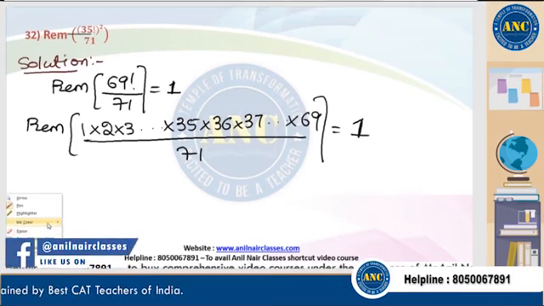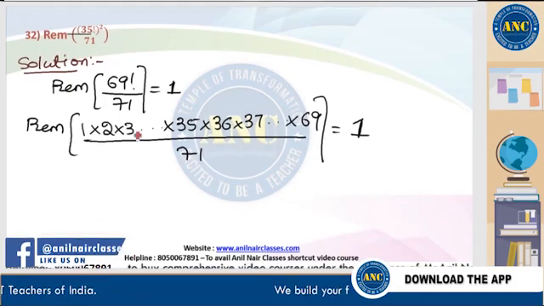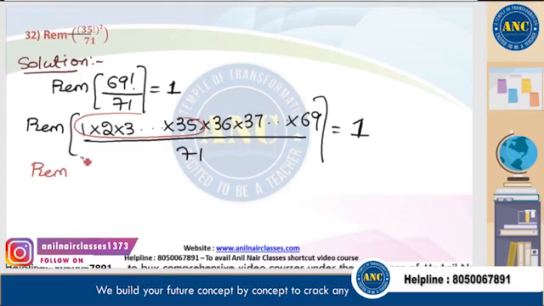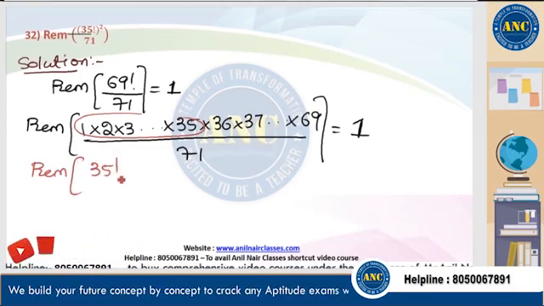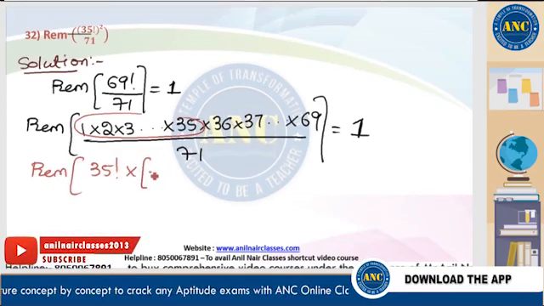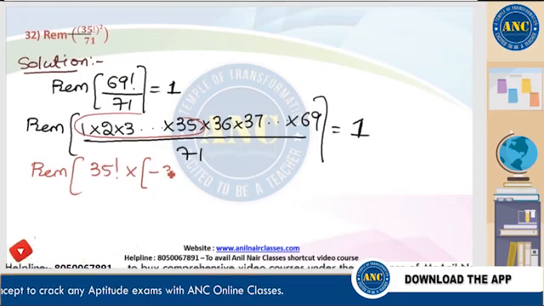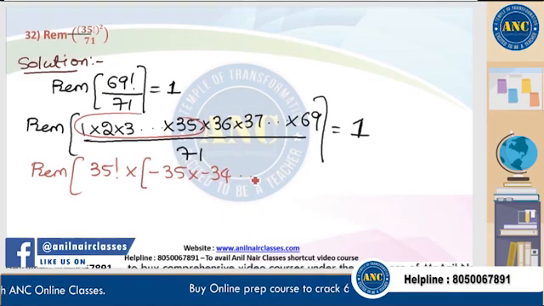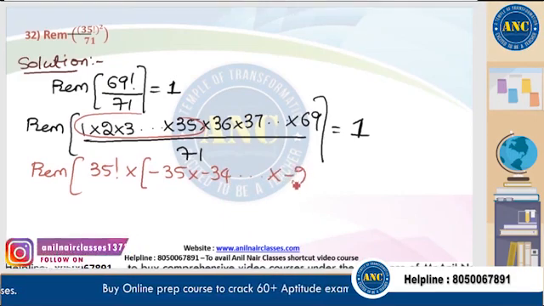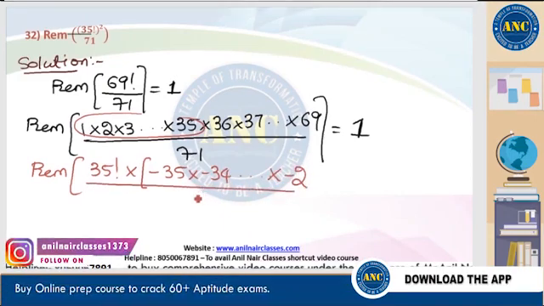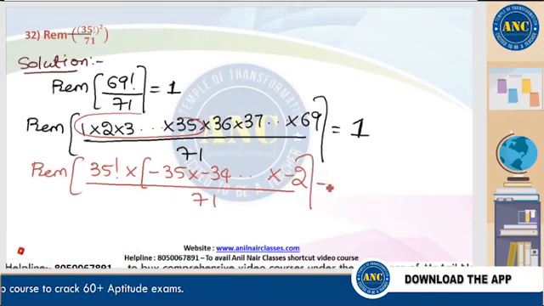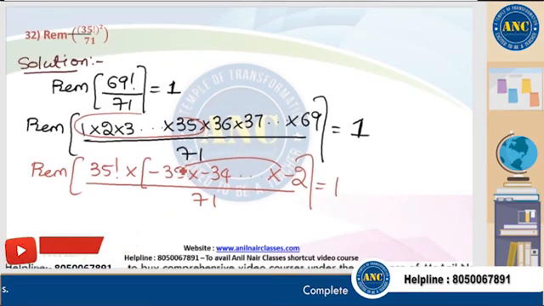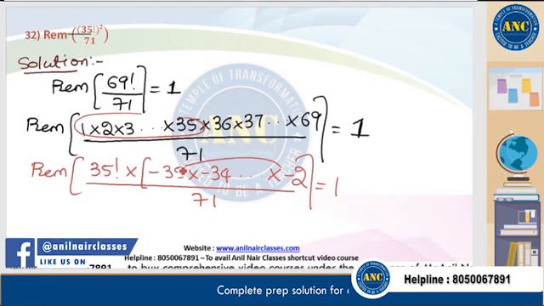Same thing. Now see here. 1 into 2 into 3 till 35 is nothing but 35 factorial. 36 divided by 71: 71 minus 35 is 36, so 36 is minus 35, 37 is minus 34, till 69 is minus 2, when divided by 71, with the remainder 1. From 2 to 35, total there are 34 numbers.